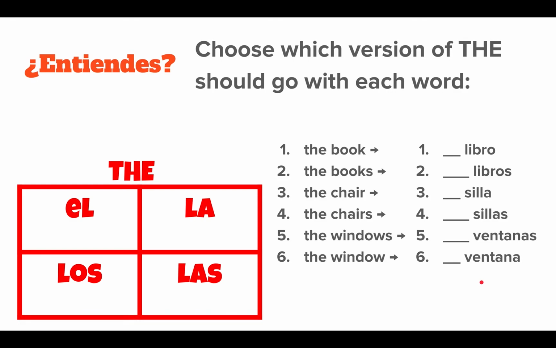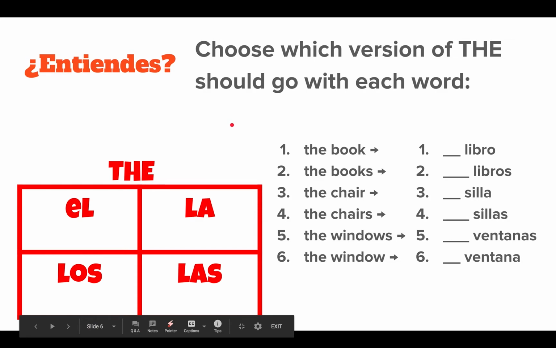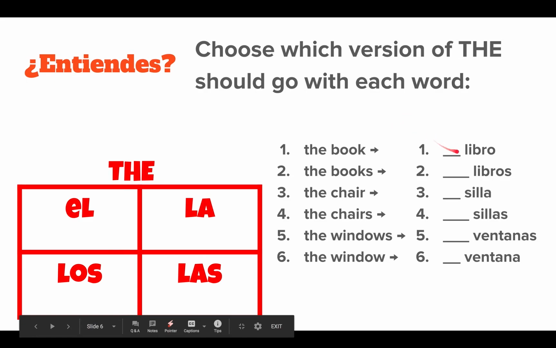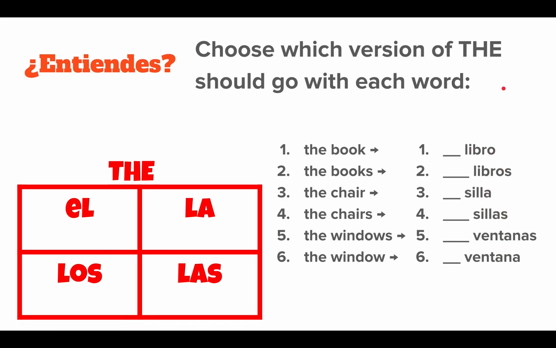So let's take a break really quickly to determine what form of the word the should go in these blanks. There's 4 versions of the word the, and it needs to match what we're talking about. So pause the video and see if you can fill in your notes with what you think the correct answers would be.